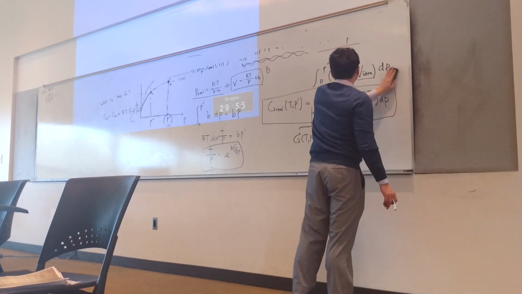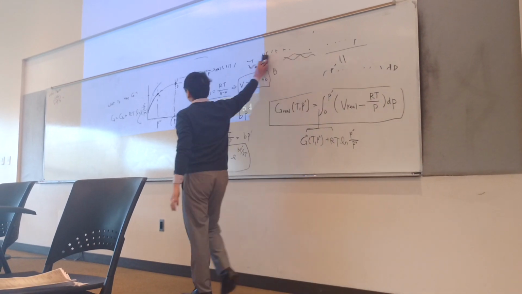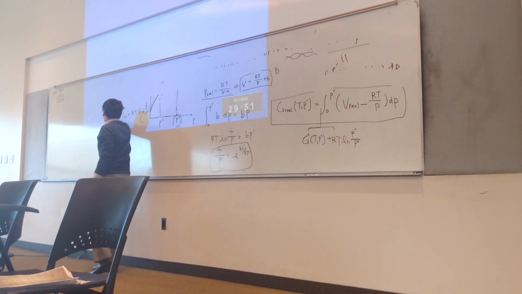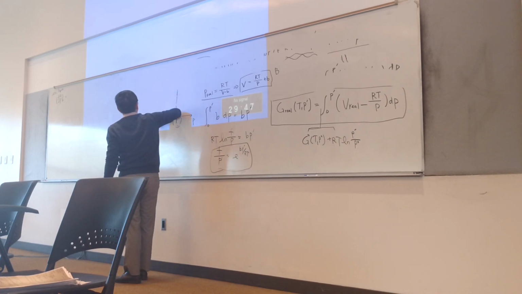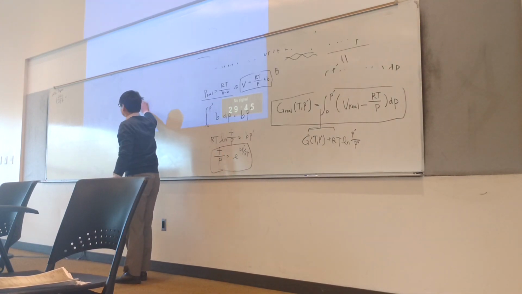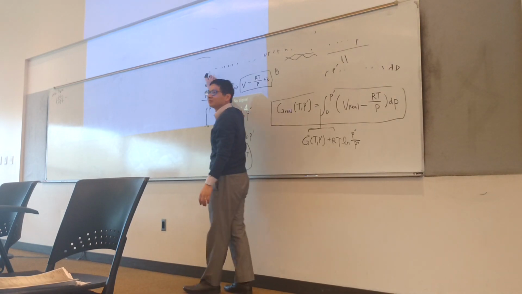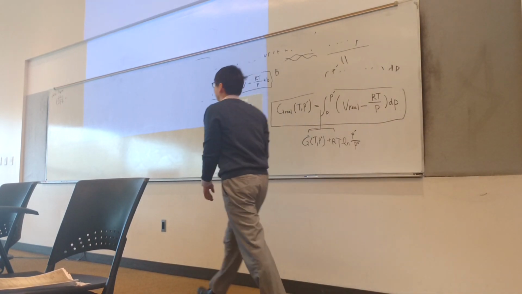What is partial G, partial T at constant P? Negative S. Negative S. Yes, very good.